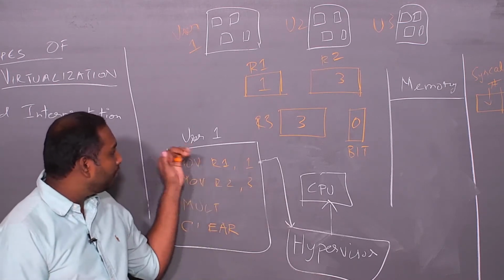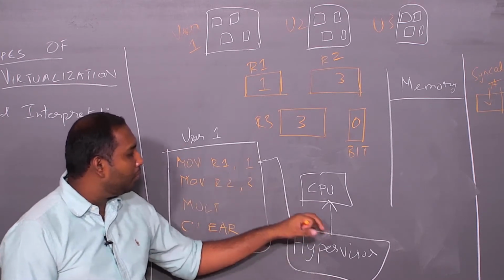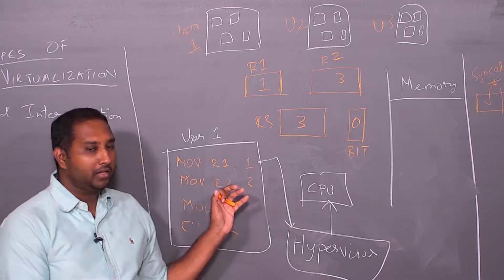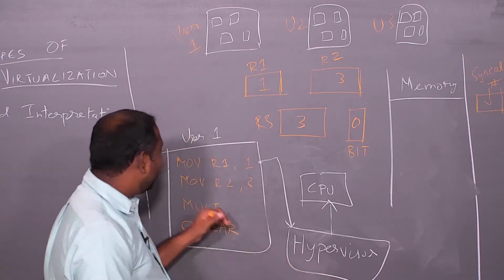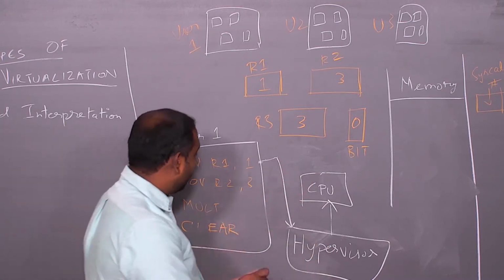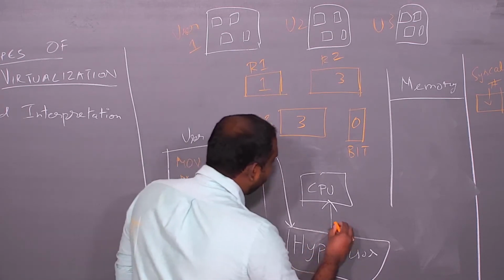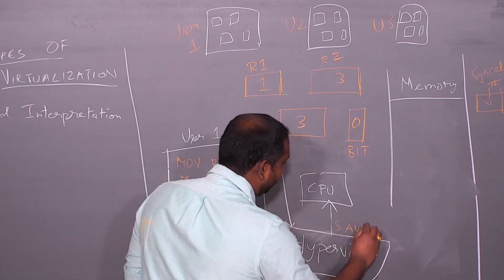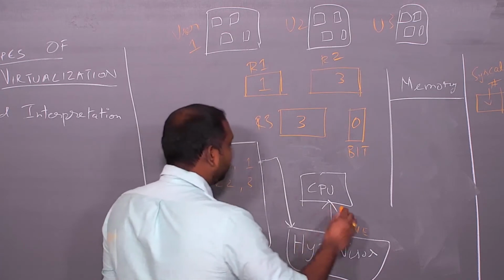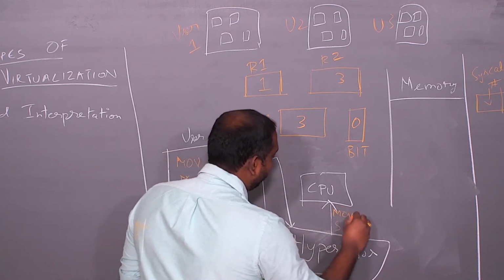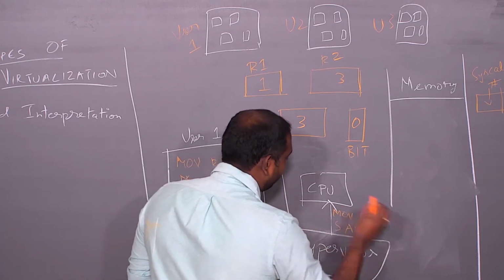Right? So before user 1 can start doing something, we would want to save the current state of the registers. So what the hypervisor would basically send is, let's call it a save instruction, and then once that is done, it's going to do the move R1 1 instruction.